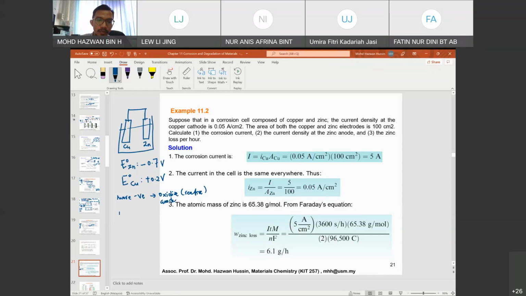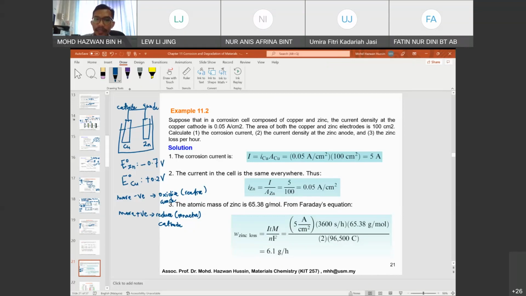The one that is more positive tends to reduce because it is non-active, and this will become cathode. Obviously, when you have copper and zinc, zinc will be anode and copper will be cathode. Right. So I hope it's understood now.